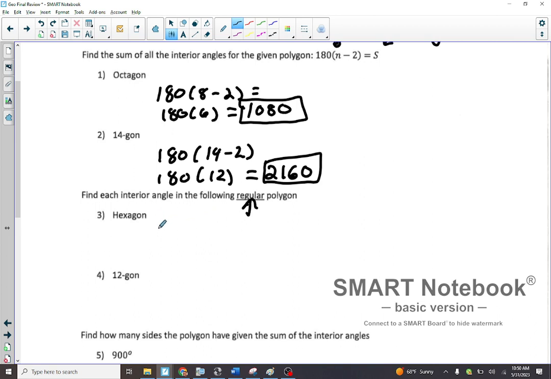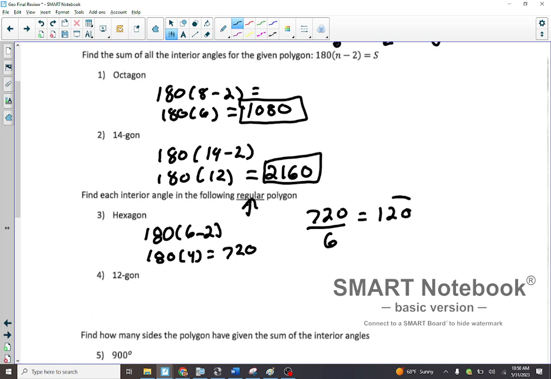Let's say for a hexagon, I want to find the total, which is 180 times 6 minus 2, or 180 times 4, and that gives me 720. So the total angles add up to 720, but if there's 6 angles in the shape, how much does each angle have? I'm just going to do 720 divided by 6. So each angle's 120.